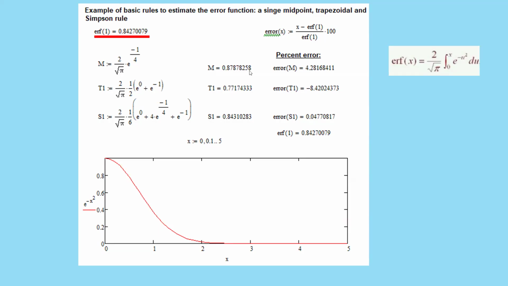And the amount of error between the exact answer and the midpoint has the least value compared with the trapezoid with one panel. This is the amount of error for the Simpson with a single panel. This amount of error is high, and we can decrease the error by increasing the number of panels.